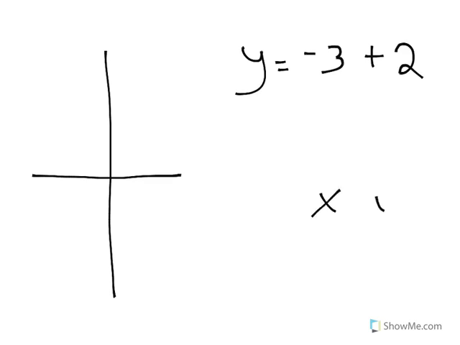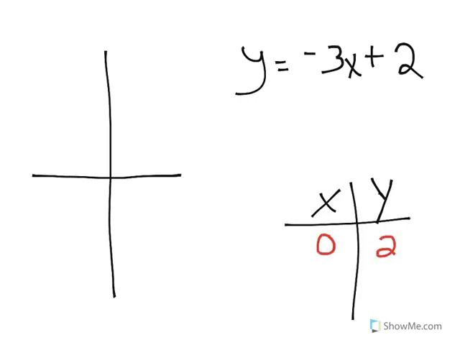Okay, here's our table again. Sorry, my y did not look like a y. Okay, anyway, so negative 3x plus 2. So if x is 0, we know that y is 2.